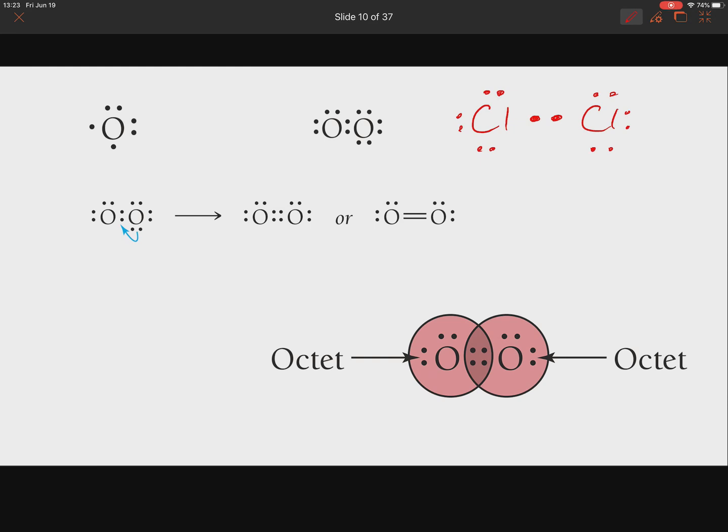And so again, we would have these orbitals overlapping, and they would be chemically bonded in that sense, and we say Cl2.